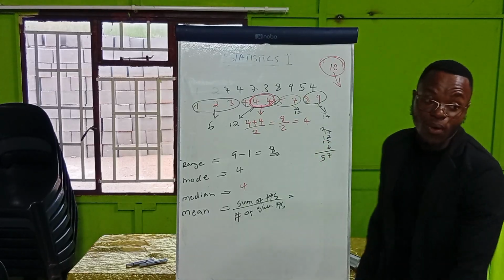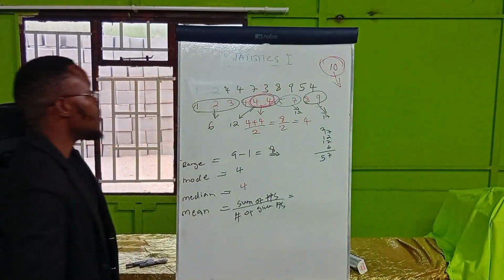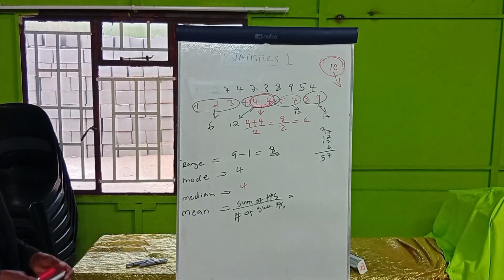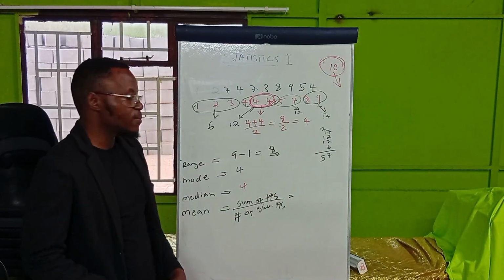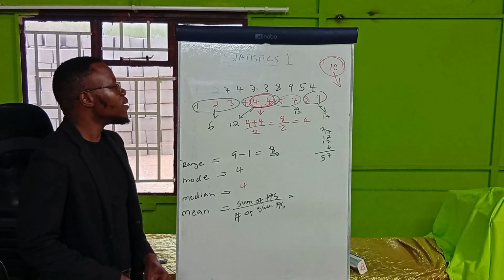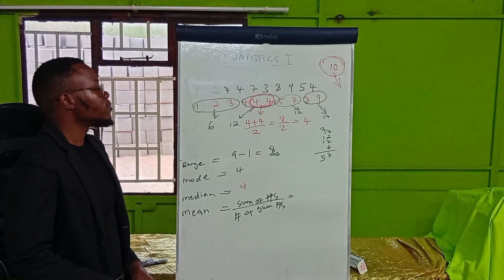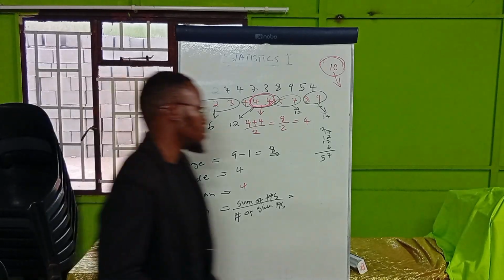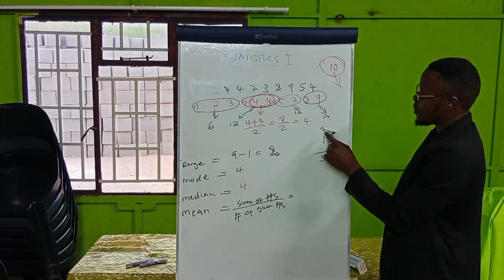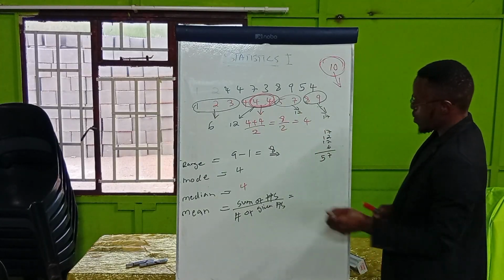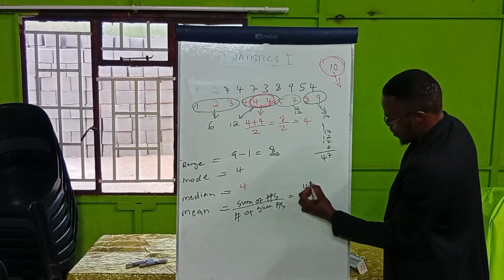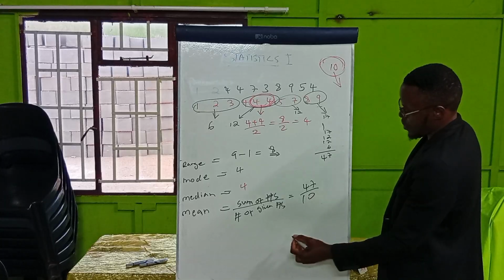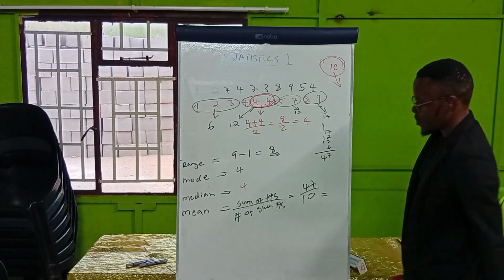So the sum of the numbers is 47. Yes, when you add the 1 there, it should be 47. Thank you. So 47 divided by 10, because these are the numbers that I have.